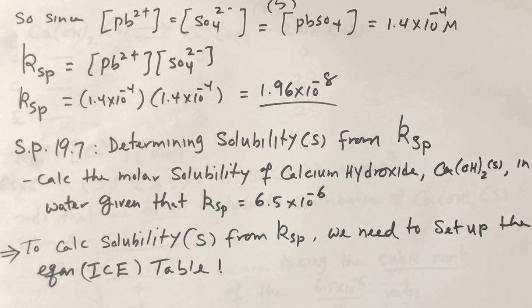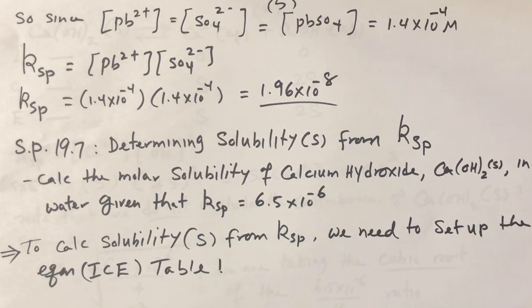So we have the KSP now. We don't have to calculate it. And from that, now we want to go back to find the solubility. So this is basically the reverse of what we did in the previous problem. Now, anytime, and this is very important, anytime that we need to calculate solubility, or S, given KSP, we need to set up the equilibrium or the ICE table.